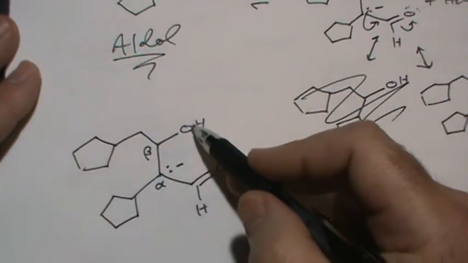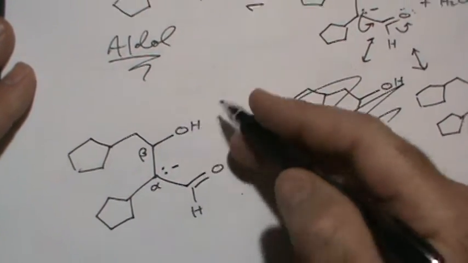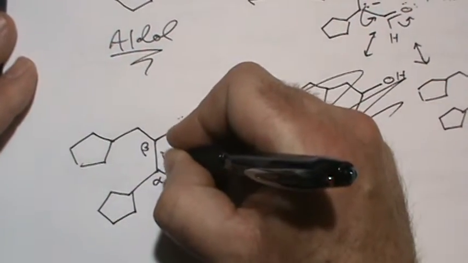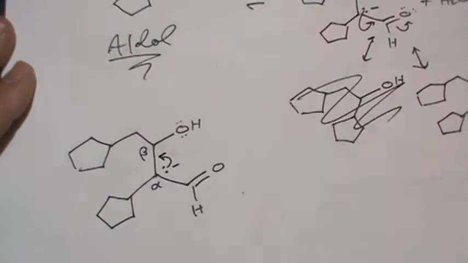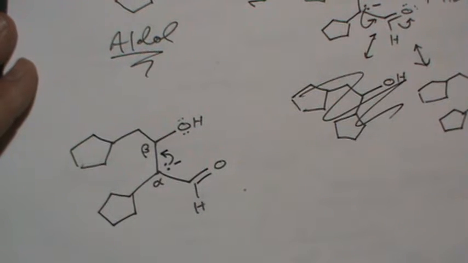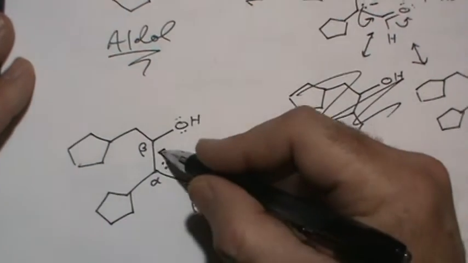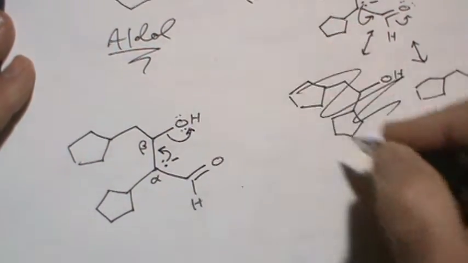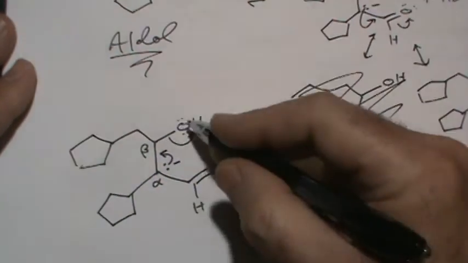Here at the beta carbon, I have this poor leaving group, an OH group, and because it's a poor leaving group, the step I'm about to show is somewhat slow. And that's why forceful conditions are required under these aqueous basic conditions. We've got to form this alpha-beta unsaturation with expulsion of this leaving group, a poor leaving group.